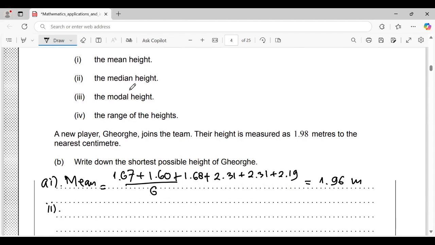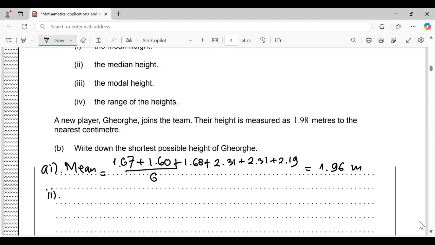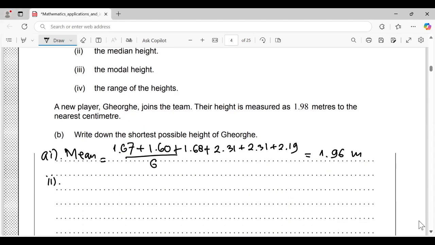Part 2, the median. The median height. The median, we have to sort the data from the smallest to largest.